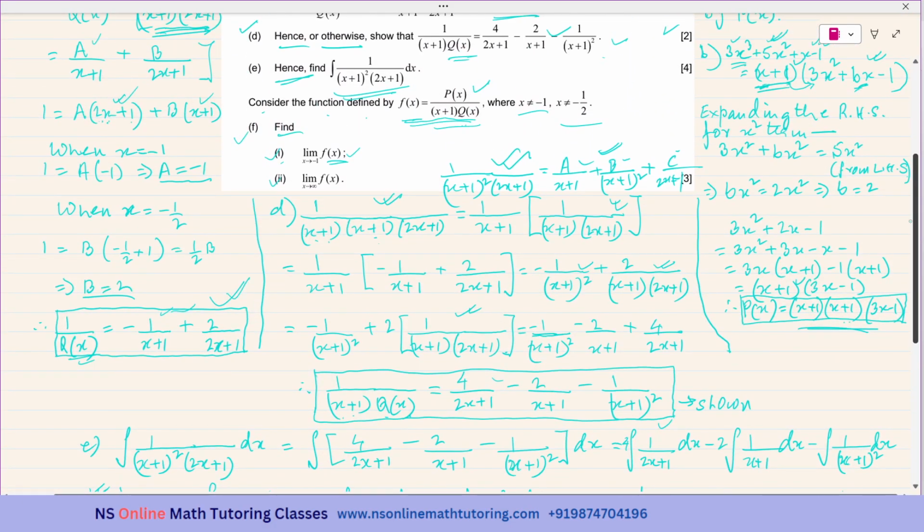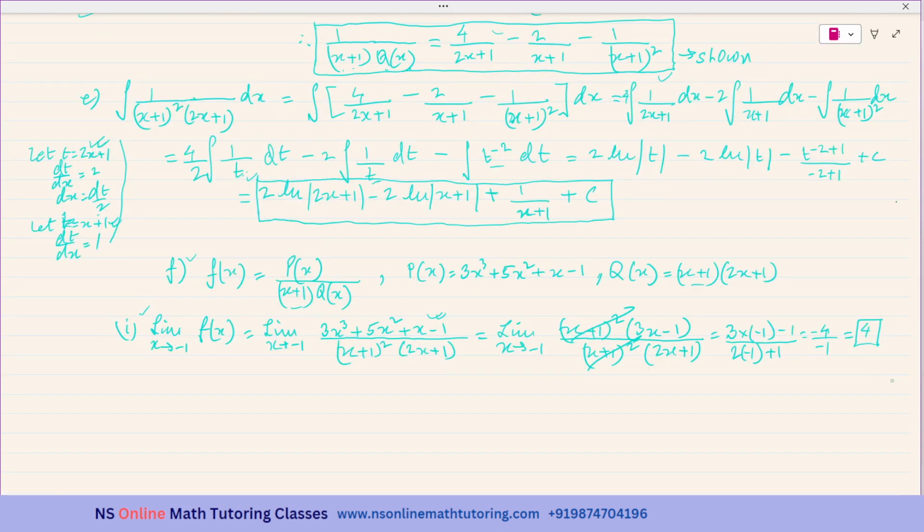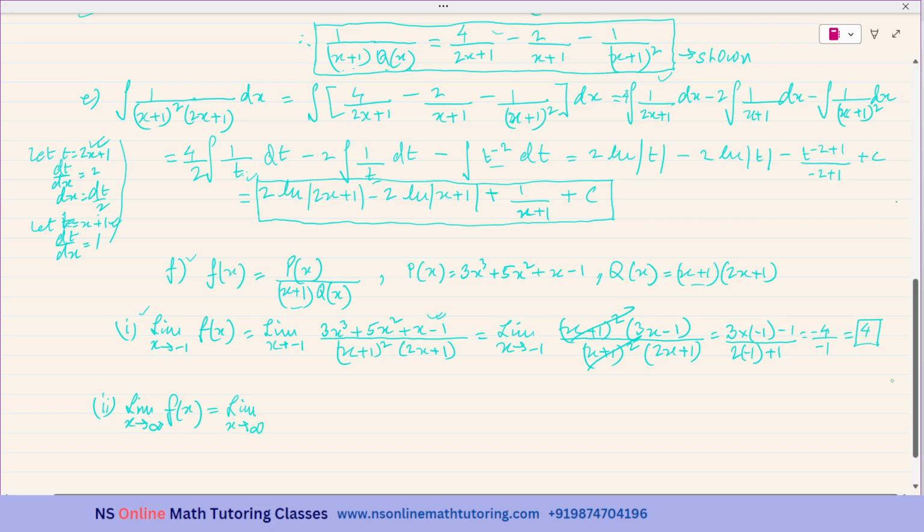The second subpart's question is limit x tends to infinity f(x). Limit x tends to infinity f(x) is equal to limit x tends to infinity, and I'm keeping this as it is because whenever something is tending to infinity, we will be trying to get its reciprocal, because its reciprocal will be tending to 0.